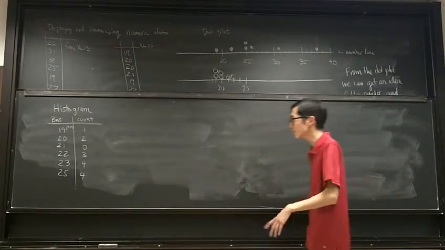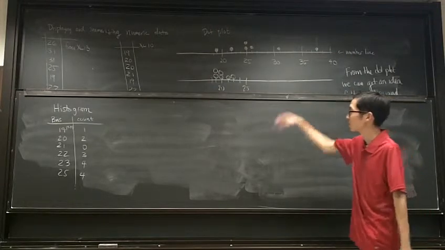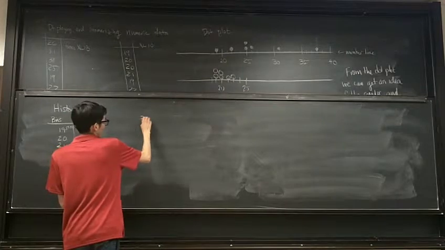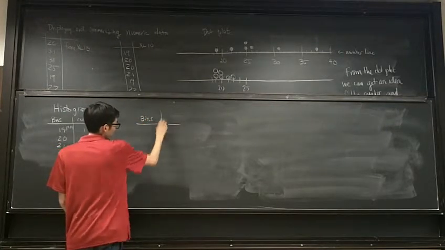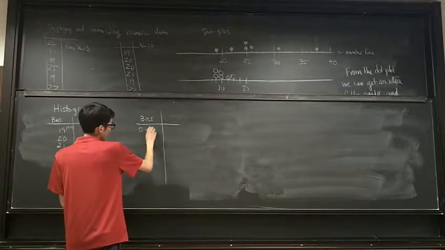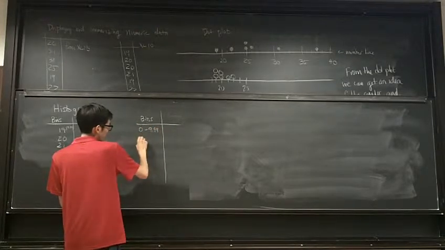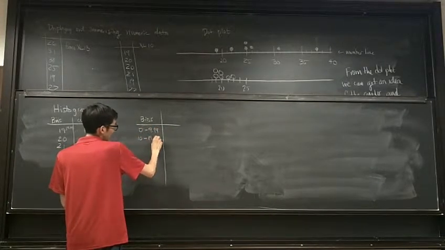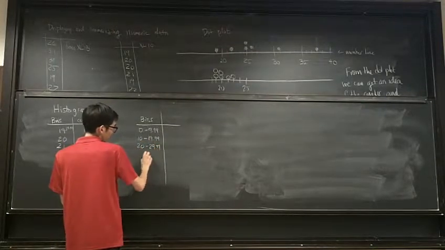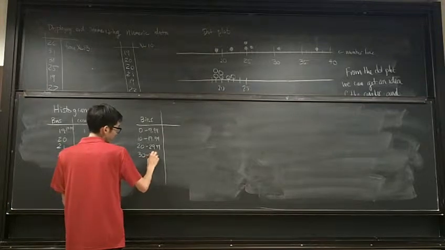That's too many bins. We're trying to decrease clutter, so you can also create bins with a larger range. You could say we're going to go from age 0 to 9.99 years old, and age 10 to 19.99, and age 20 to 29.99, et cetera.